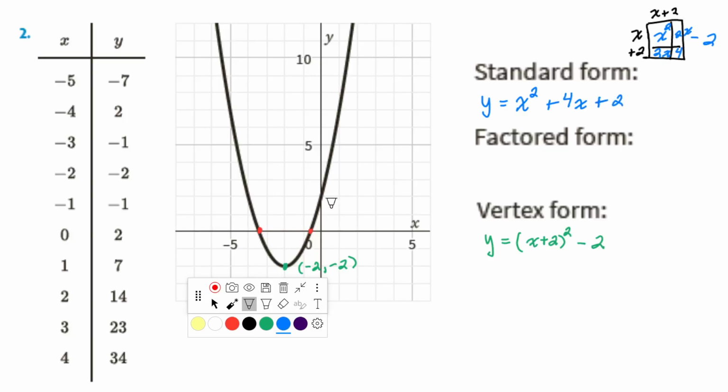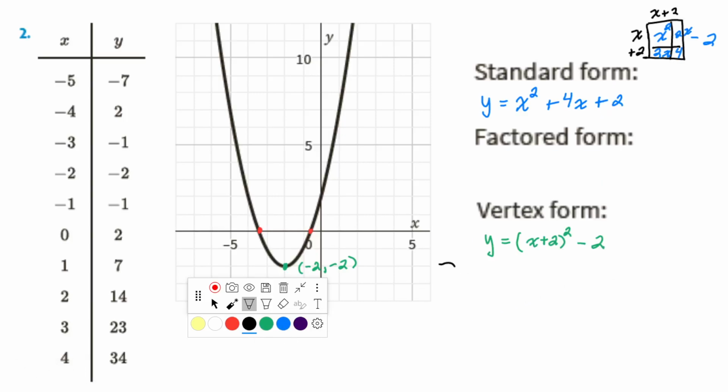Now, because I don't have exact values for my x-intercepts, I don't think that I can factor the x squared plus 4x plus 2. But also, if I look at this, my only factors of 2 are 1 times 2, and there isn't any way that I can add 1 and 2 to get the 4x. So I know I'm not going to be able to factor this.